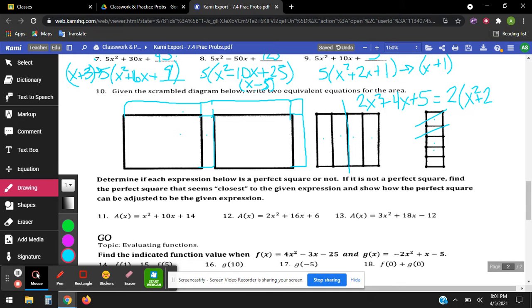Okay, so the length is x plus 1. x plus 1 squared. That gets me each of these here, but I have 3 left over. So then it's a plus 3 on the end. So here are two equivalent equations for our area. All right.